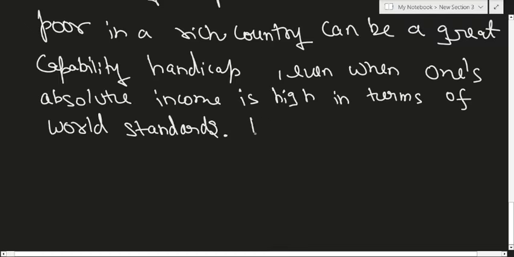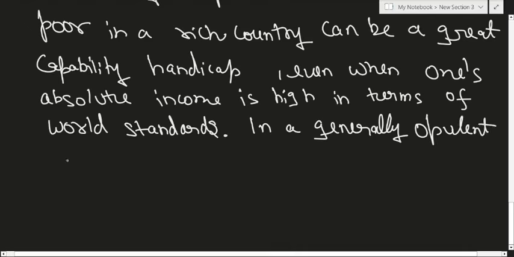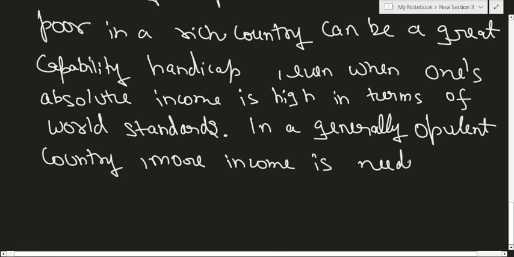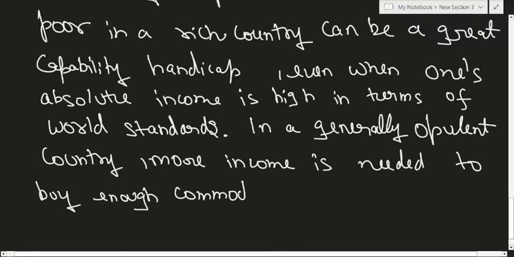In a generally opulent country, more income is needed to buy enough commodities to achieve the same social functioning.